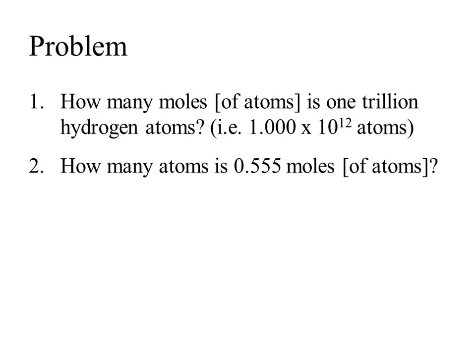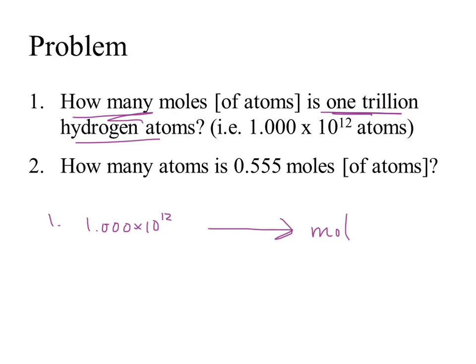We've done the diagramming thing before. I want to show you the strategy. It says how many moles, so for the first one, it's going to go arrow moles. How many moles, M-O-L-E, is 1 trillion hydrogen atoms? The number on the left is 1.000 times 10 to the 12th atoms.